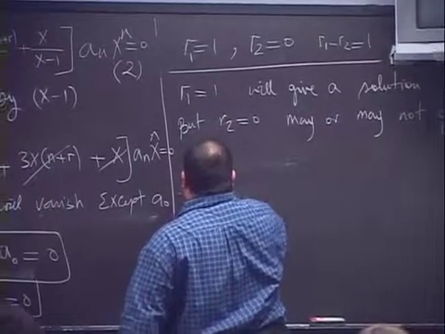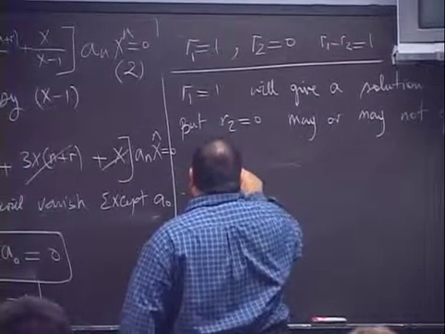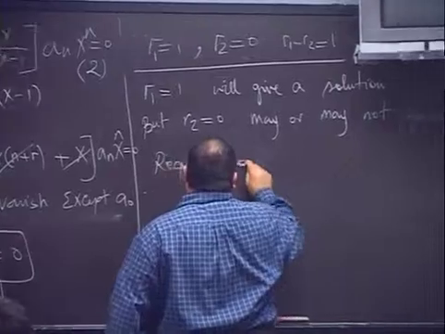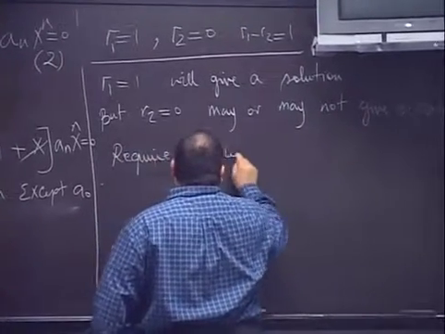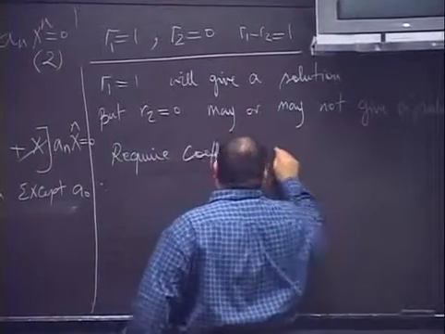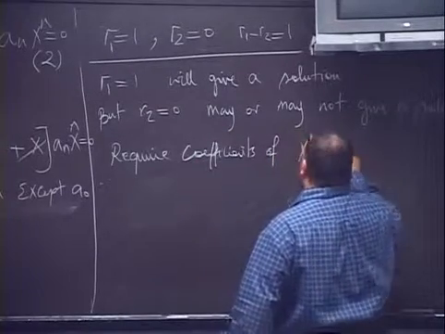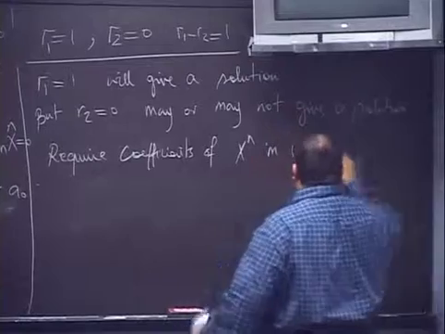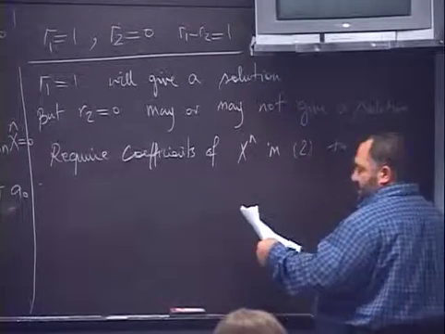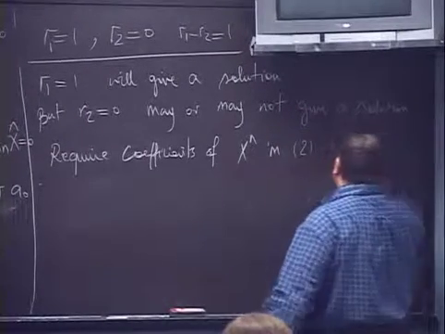So we require the coefficient of x to the power of n in 2 to vanish.